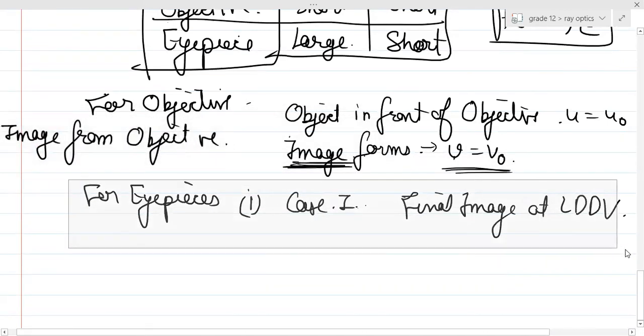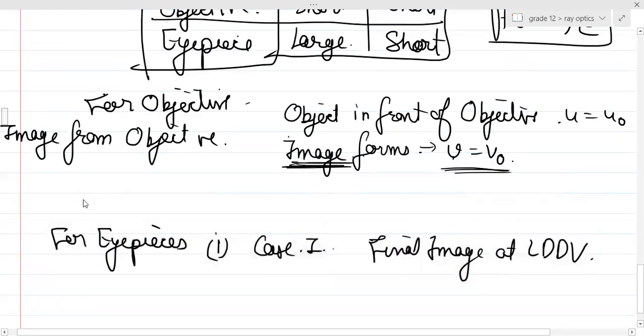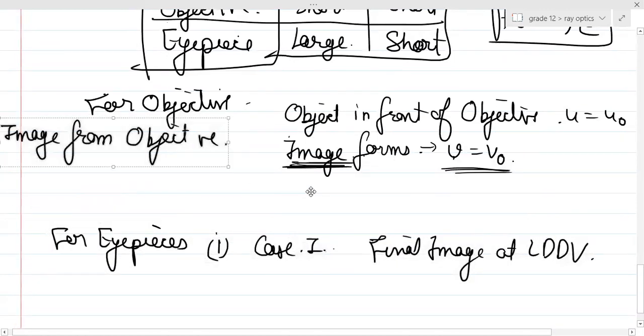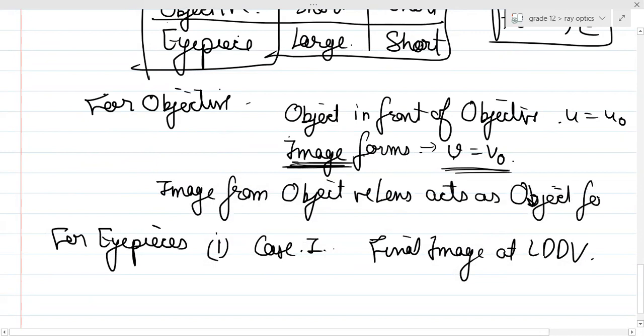Just a second, guys. Is it clear? This image which is formed at this acts as an object.